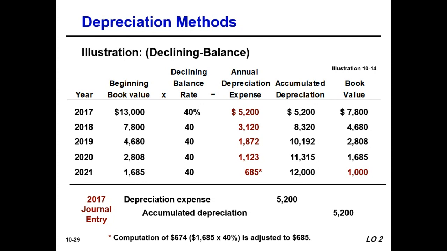Because the asset's contribution will become less in later years. So these assets are more useful in the beginning years, then it becomes less. So that's why we have this method. Okay, is it clear?